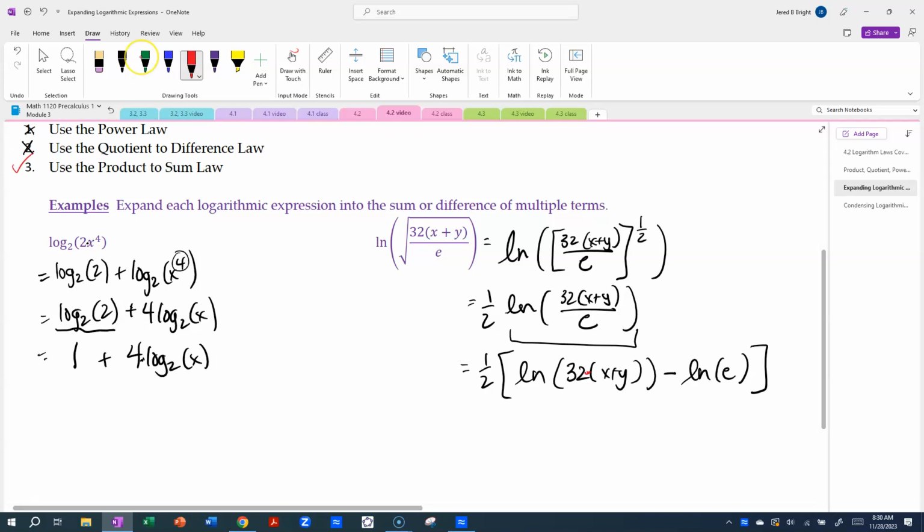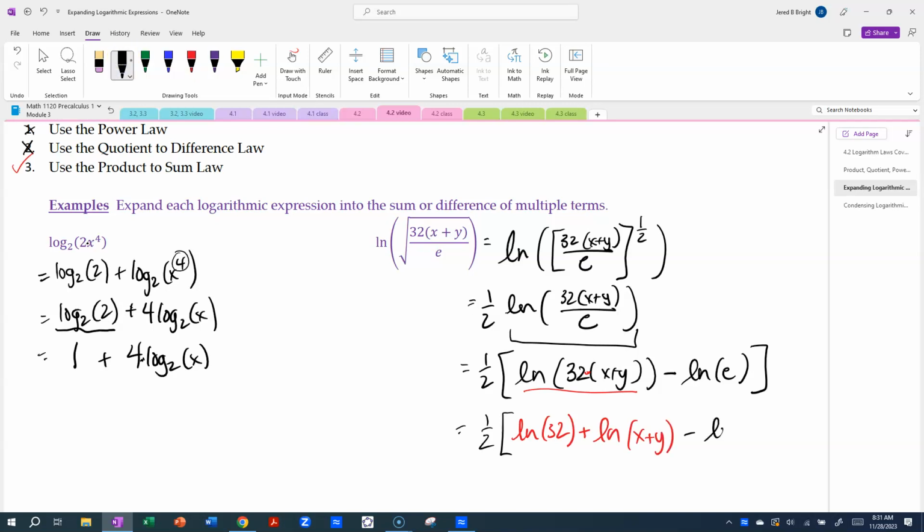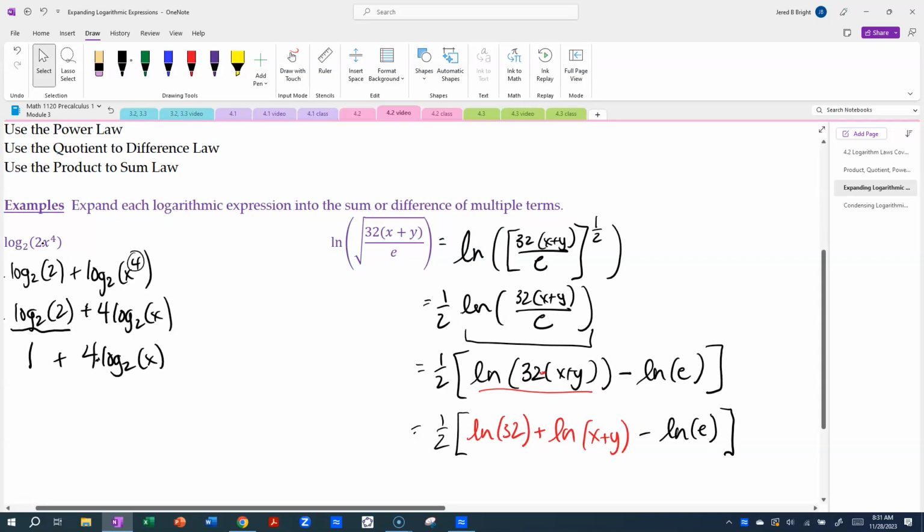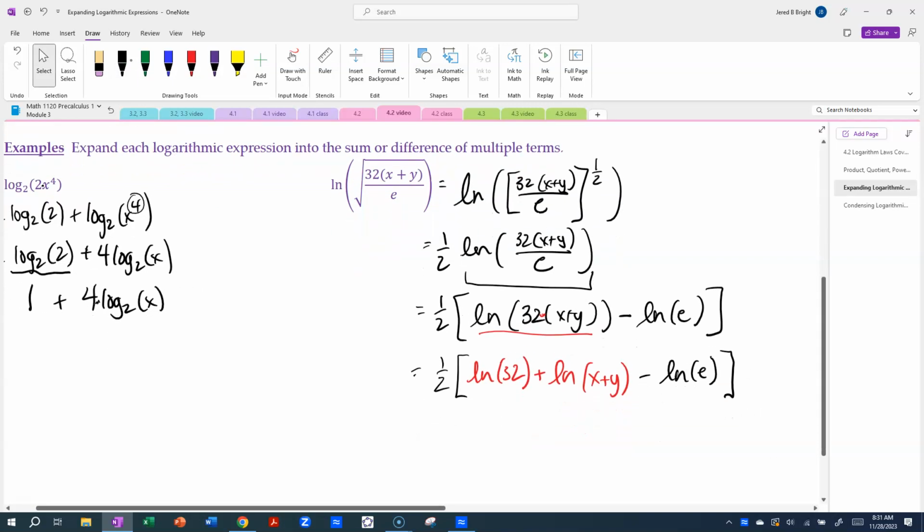So I'm going to take this term and split it into two terms. 1/2, and then this would split into natural log of the first term, natural log of 32, plus natural log of the second term, and then minus natural log of e. Okay, and this is nearly done.